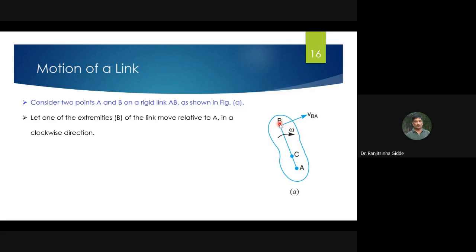That means this B is going to move relative to A in clockwise direction, as indicated by the arrow.